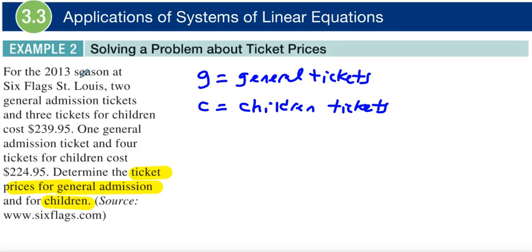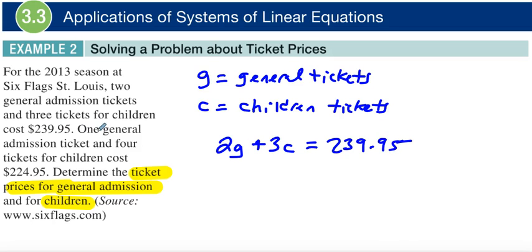So let's take a look at our first situation. It says that 2 general admission tickets, so 2G, and 3 children tickets, plus 3C. If you were to add all that up, that should be a total of $239.95, right? Cool beans.